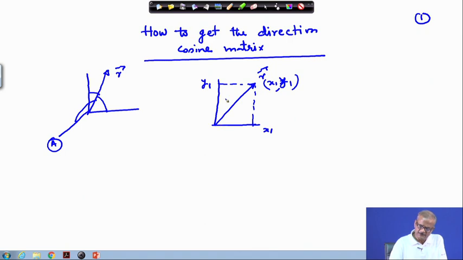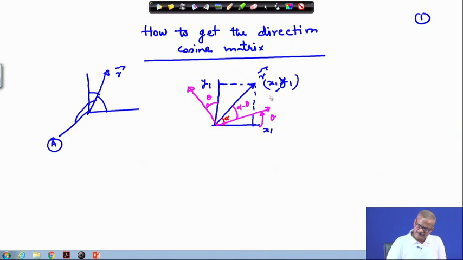Now, if we rotate this frame by some angle, let us make this angle alpha, and if we rotate this by theta angle, and this goes from this place to this place. So, this is your theta angle, this is theta angle. So, we can see that this angle will be alpha minus theta.